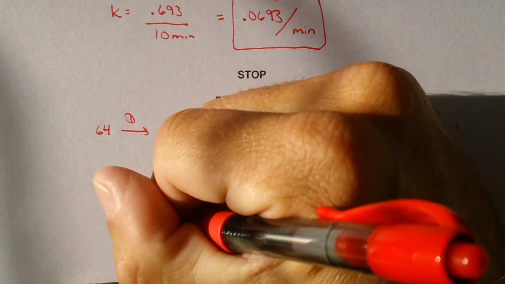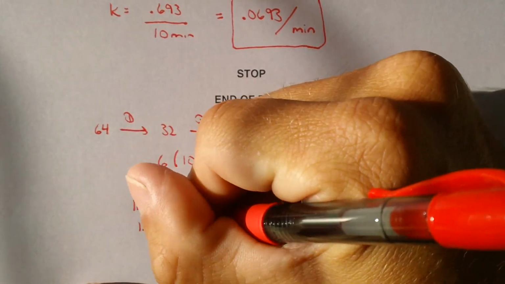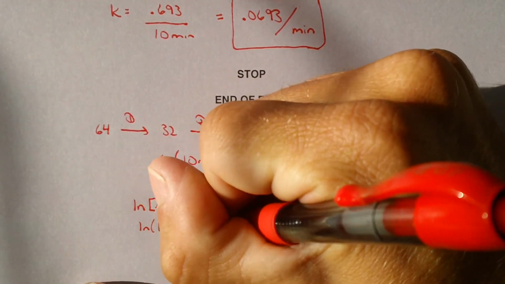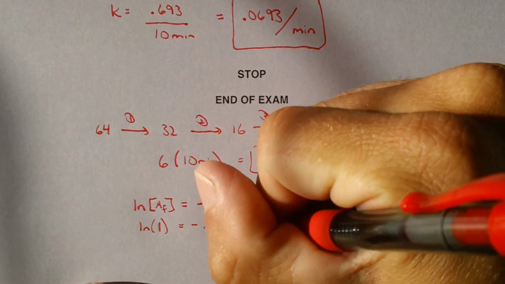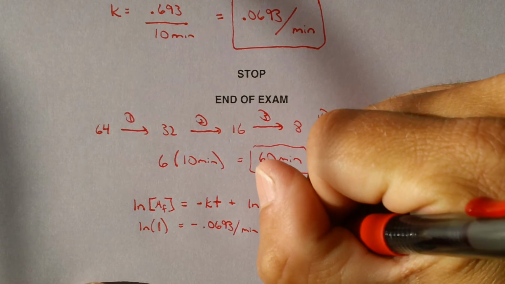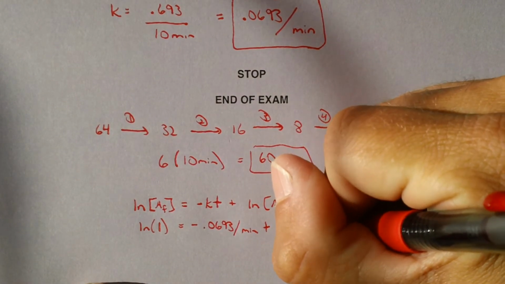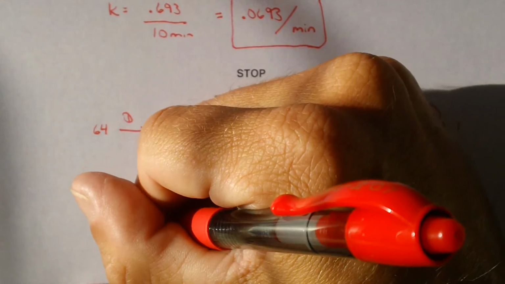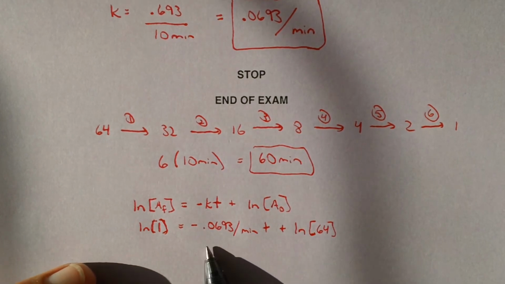And so the final would be natural log of 1. That equals negative, we know the K value here. The K value is 0.0693 over minutes times the time plus natural log of the 64 original atoms we had. Concentration or parentheses, doesn't matter. And you could do it this way, and you could plug those values in.